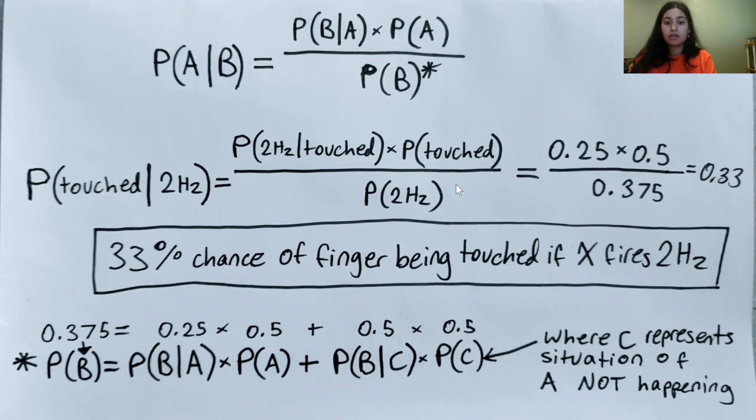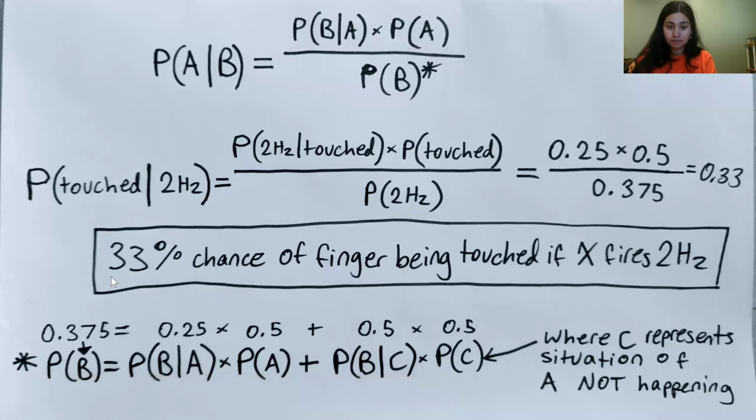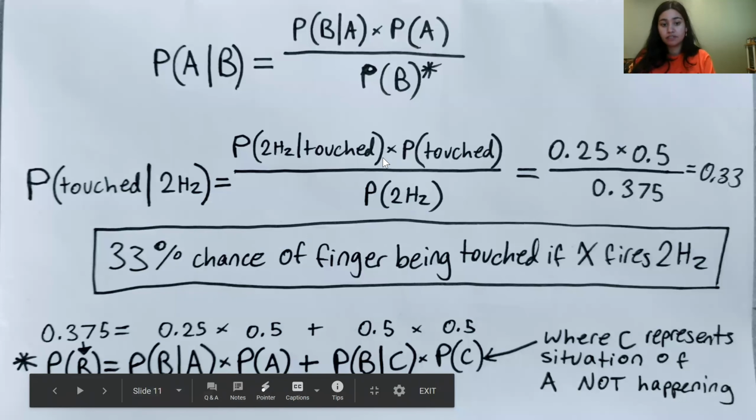And then we plug into this formula the probability that situation B, which is it firing 2 hertz, is going to happen given situation A, multiplied by the probability of situation A happening at all. And we add that to the probability of situation B happening given that situation A is not happening, and again, situation B is it firing 2 hertz.